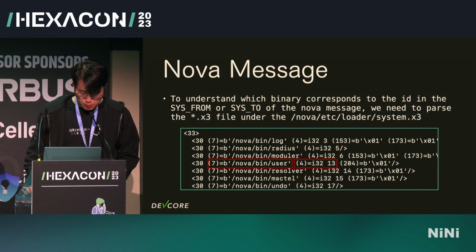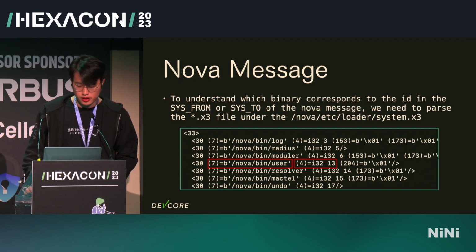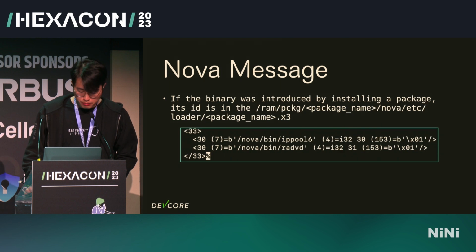To understand which binary corresponds to the ID in the sys1 or sys2, we need to parse an .x3 file under the loader's directory. It's a kind of XML, but in binary format.